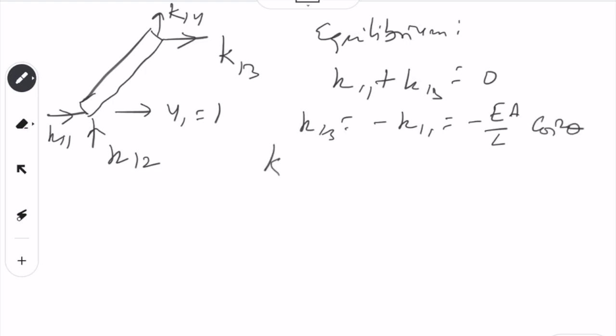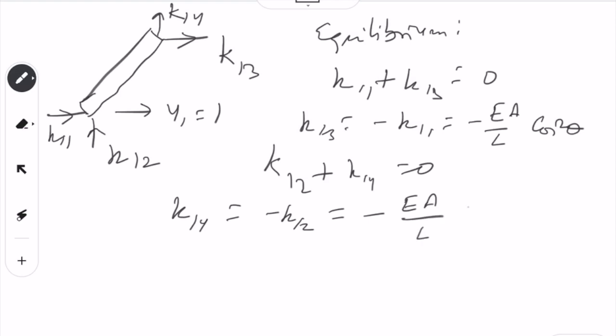Similarly, for the vertical one, we have K12 plus K14 equal to 0, and hence K14 equal to minus K12, and that makes it minus EA over L sine theta cos theta.